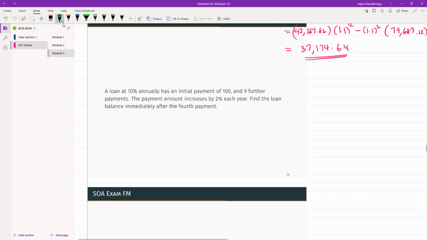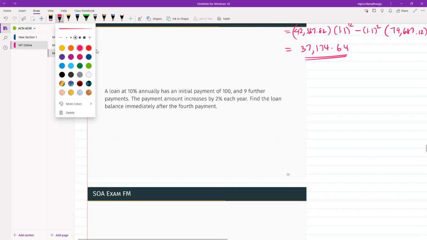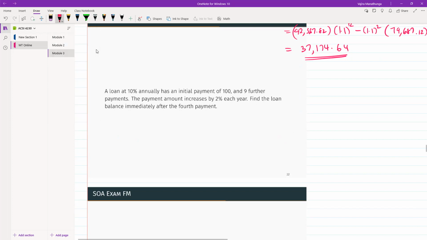Okay, so let's try this problem. This one says a loan at 10% annual has an initial payment of 100 and 9 further payments. The payment amount increases by 2% a year. I would assume the initial payment is at the end of the first year, because when you're taking a loan, you don't really make an initial payment right away.